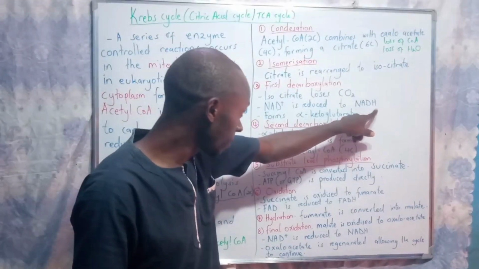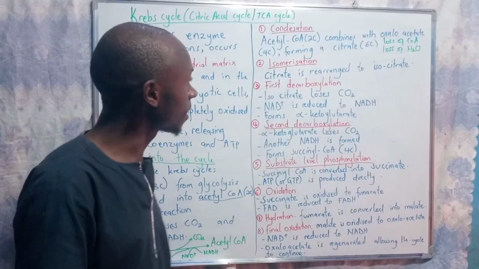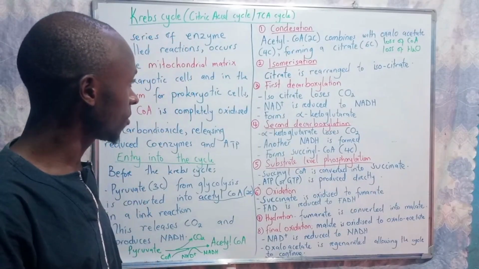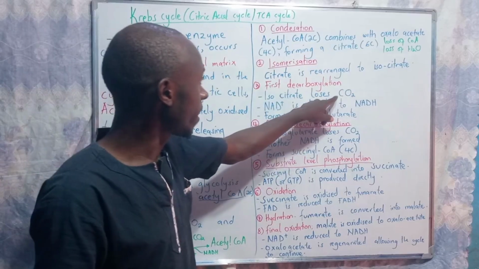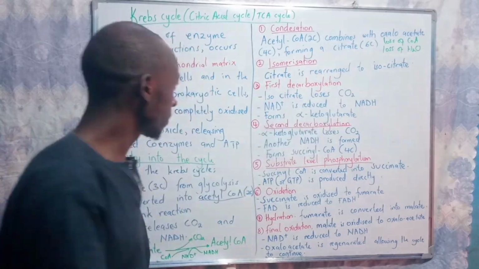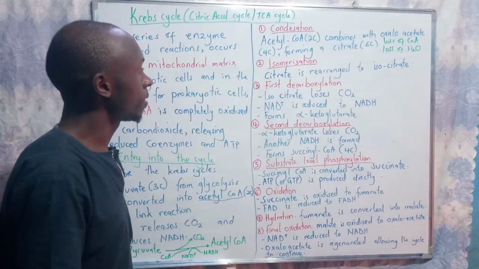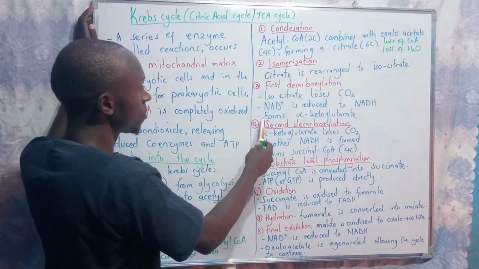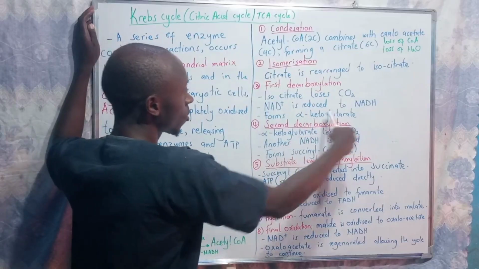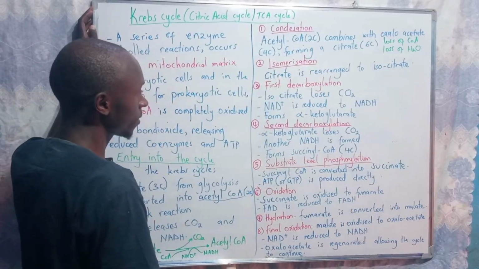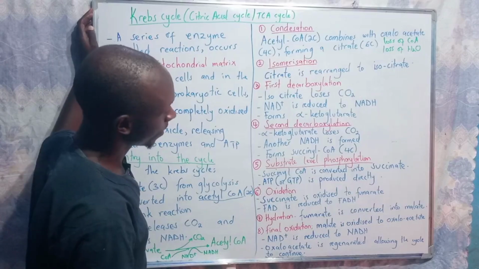Reduced NAD has taken away hydrogen, which means it has oxidized the isocitrate. As well, we have had decarboxylation, that is the loss of carbon dioxide. And then what are we going to form? We are going to form alpha ketoglutarate, or sometimes alpha ketoglutaric acid.